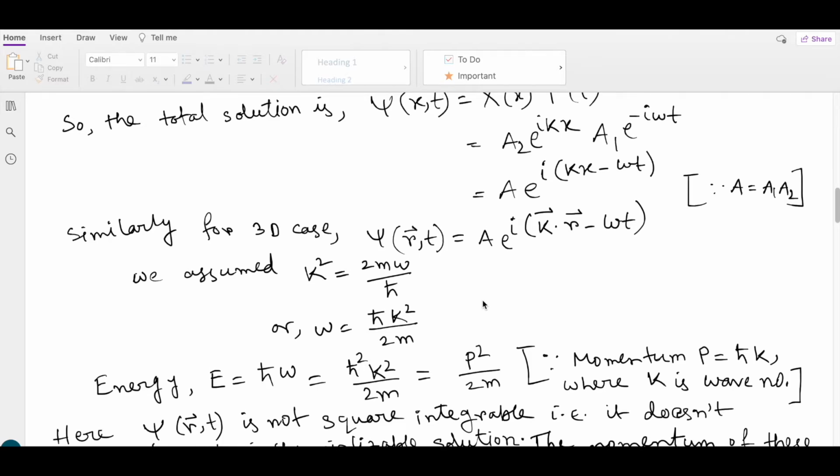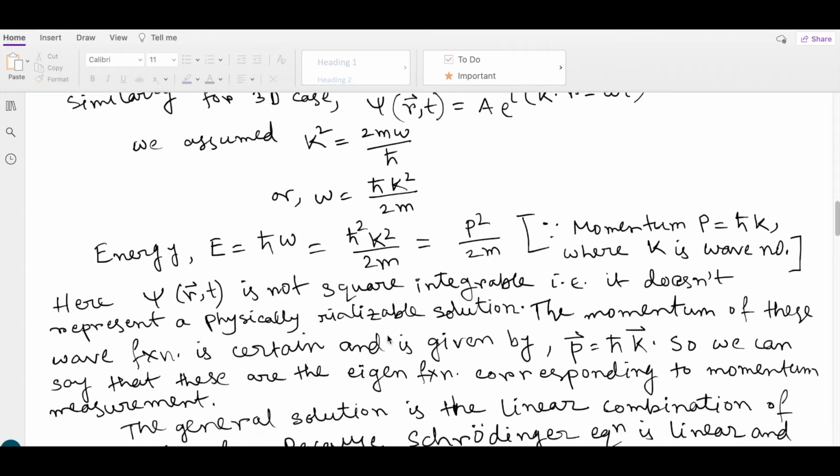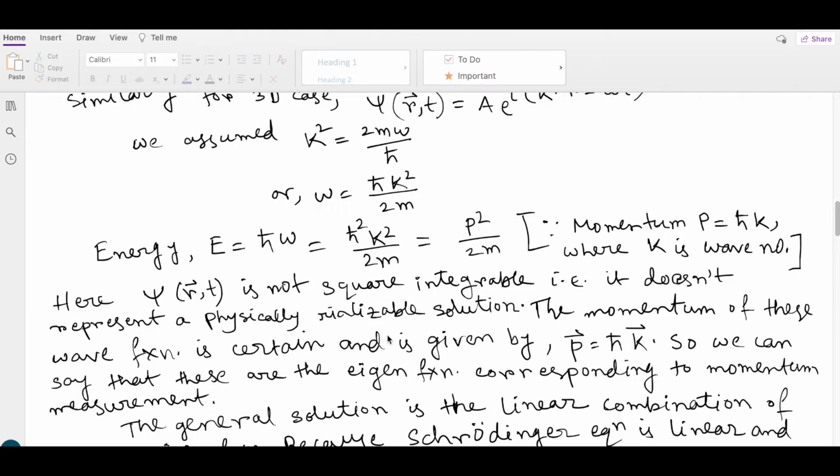We have assumed that k² = 2mω/ħ, so from there we can determine ω as ħk²/2m, and we know the energy is given by ħω. So after putting ω = ħk²/2m, we get ħ²k²/2m, and we know that p = ħk, so the energy becomes p²/2m.